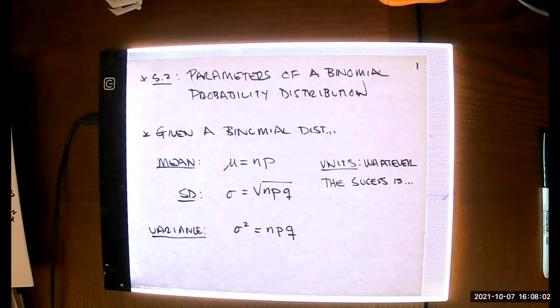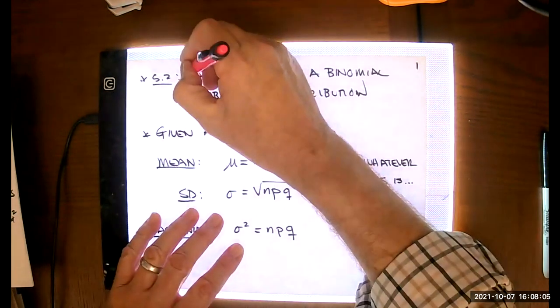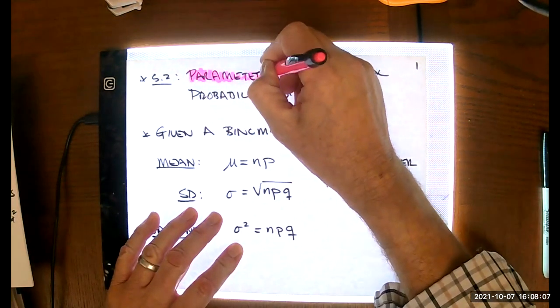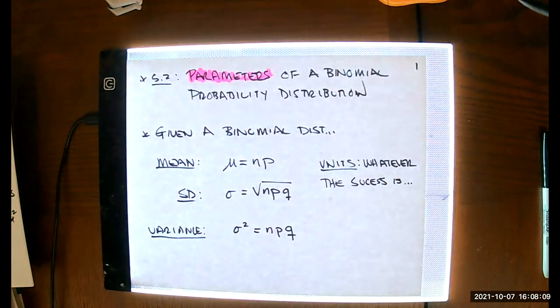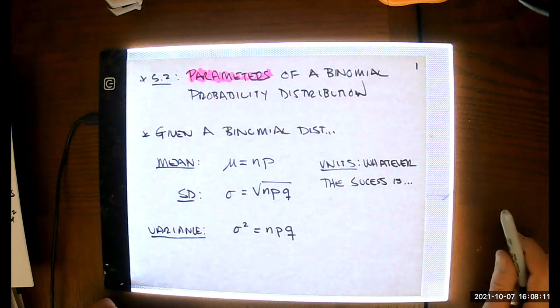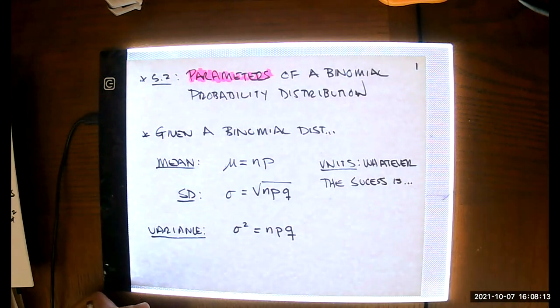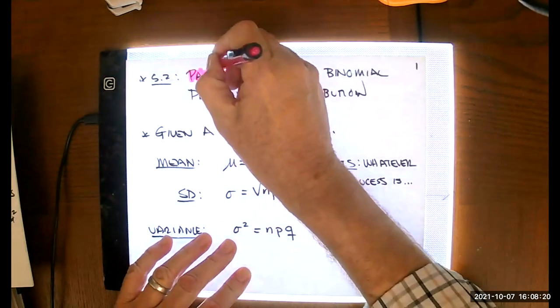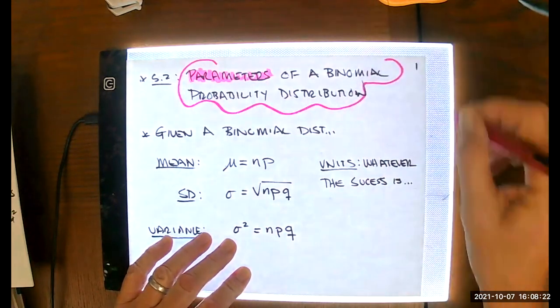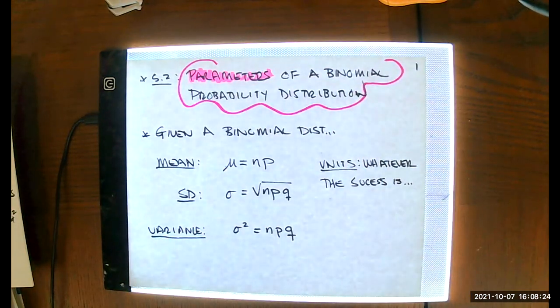I'll remind you a couple of things about vocabulary. Parameters. Those are things like the mean, the standard deviation, and the variance. We use the word parameter when we're talking about a population, and a probability distribution is very much thought of as a population.